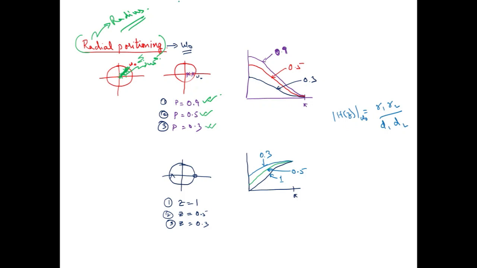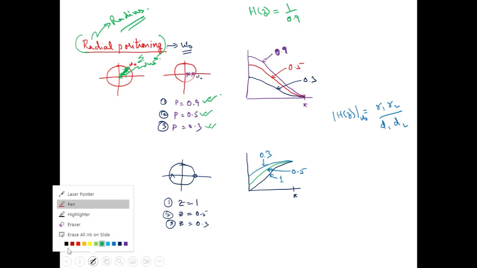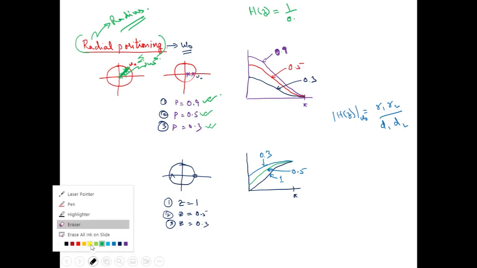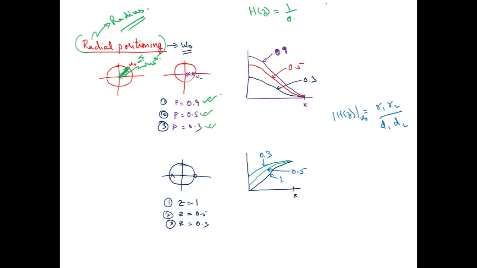In the first case, modulus of H(z) will be equal to 1 by, sorry, 0.1. It would be 0.1.